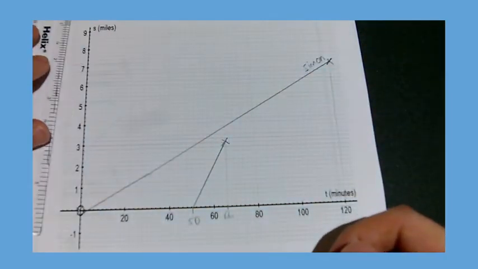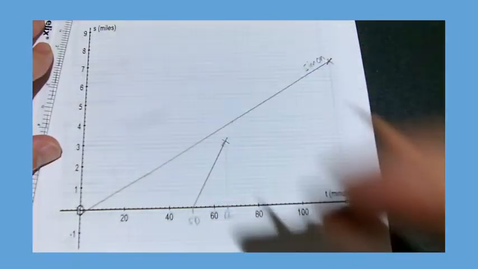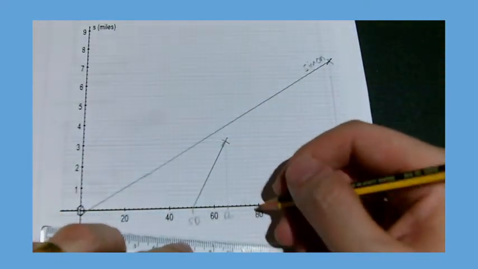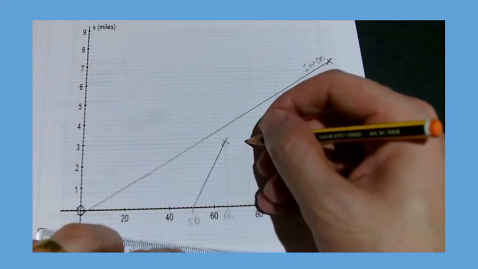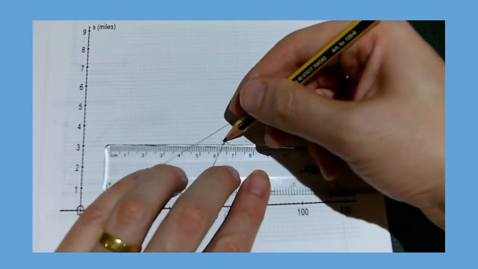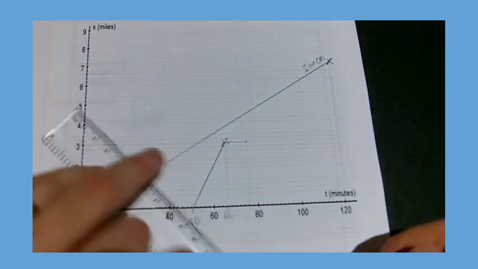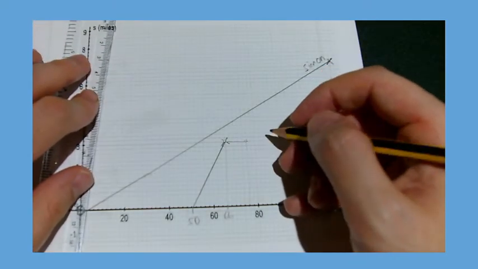Then it's given that she rests for 10 minutes. Now if she rests on a displacement time graph, that obviously means we need a flat horizontal line. So she rests for 10 minutes, from 66 to 76. She rests for about 10 minutes here. And then after resting, she continues on to Seville for a distance of 4 miles, which takes 20 minutes.